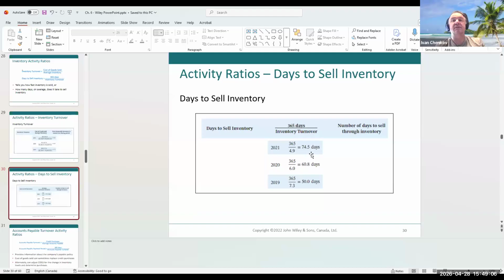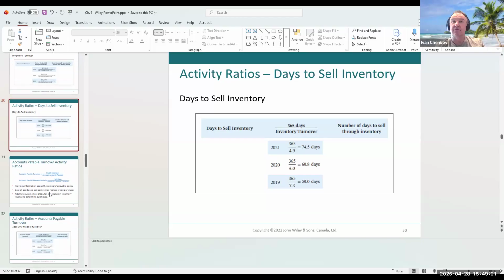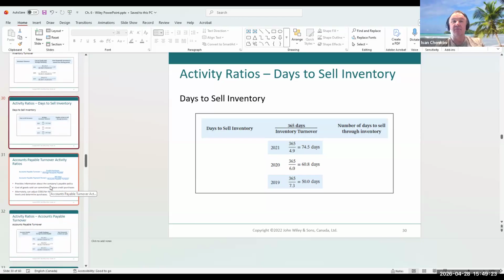Now, currently, we're under 70, almost 75 days. So it takes 25 additional days to sell our inventory compared to 2019, which is a lot. I hope this is not a flour business or bakery business or anything related to food.